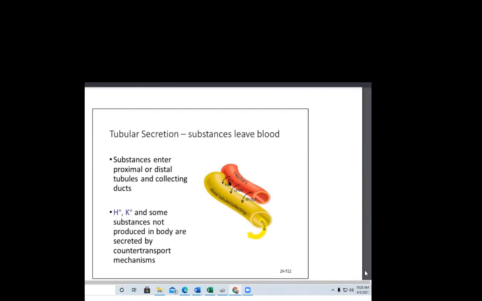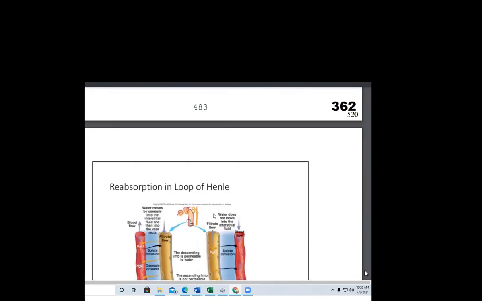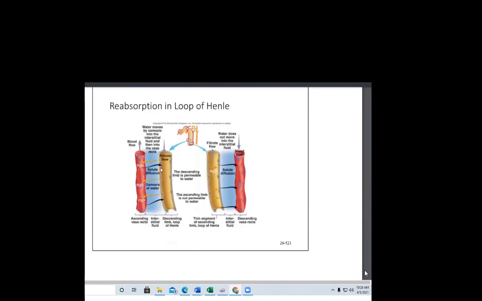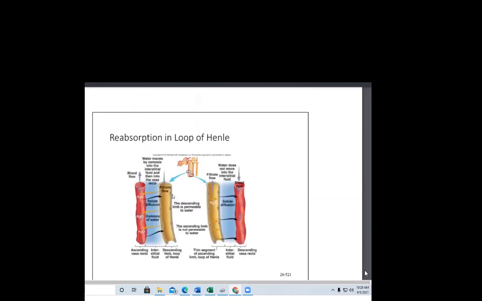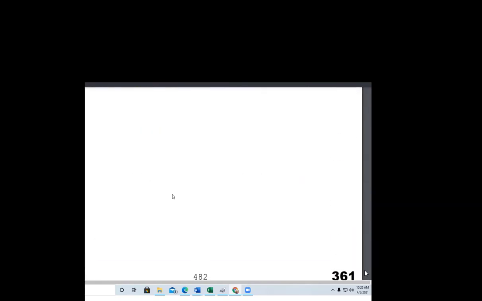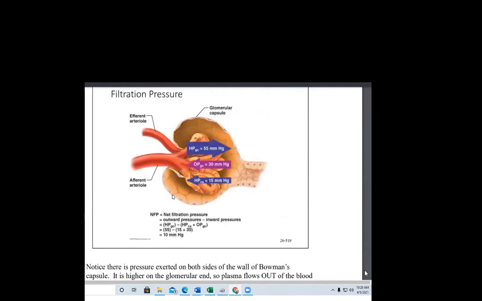This is selective. We have to have transporters along the tubules to actively transport these materials. Same thing here. Along the membranes of the cells that make up these tubules, we have active transporters that are selectively putting things into the urine. But we don't have that for bacterial illnesses.